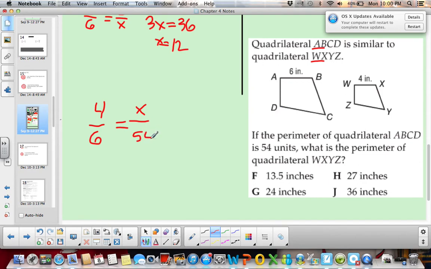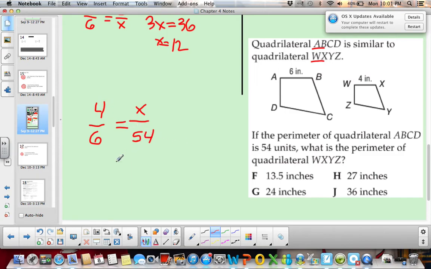And even though we're given the perimeter, it's still going to be corresponding and proportional, because if these are similar and all these lengths are proportional to each other and corresponding, that means our perimeter would also be corresponding and proportional. So we would solve just like a normal proportion.